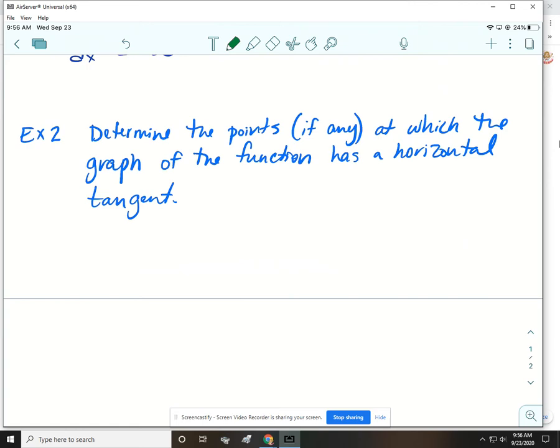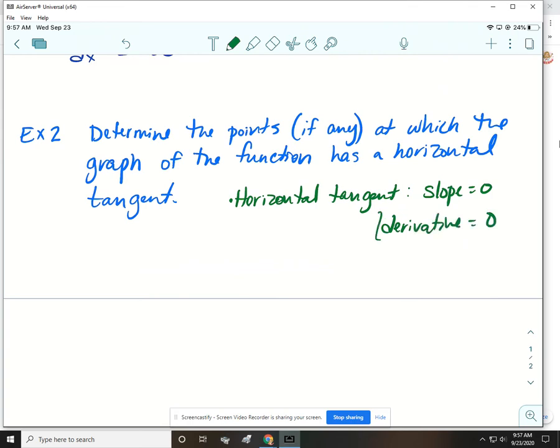So really, what we've been talking about lately is the derivative. So we're definitely going to have to do derivative. So a derivative gives you a slope. So what is the slope of a horizontal tangent? The slope is going to equal 0. So what that means for us is that the derivative is going to equal 0.